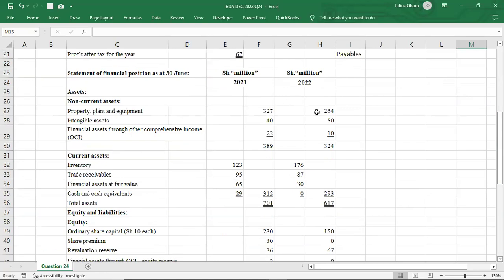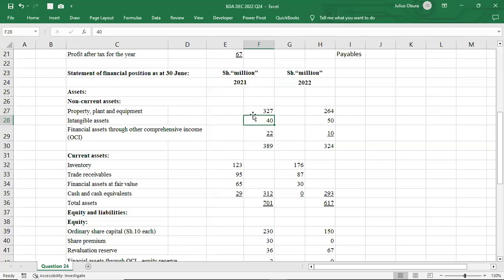We began with 40, then 2022 we were at 50. So there was a movement.